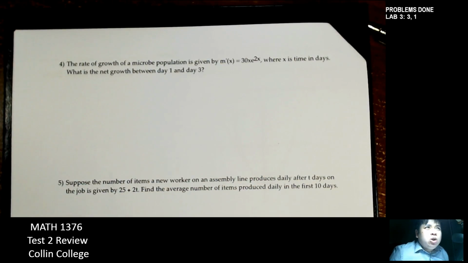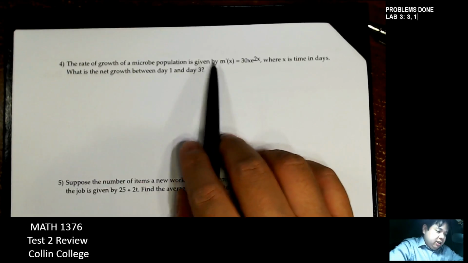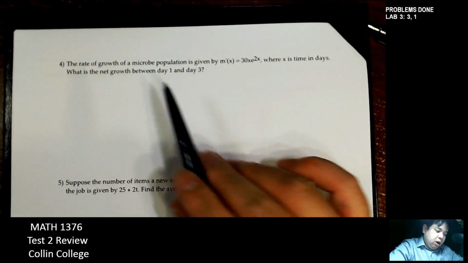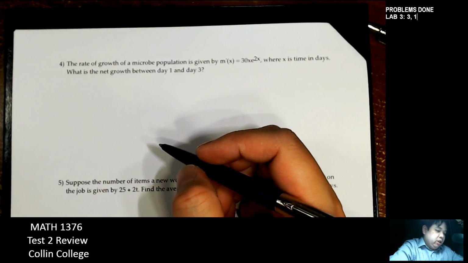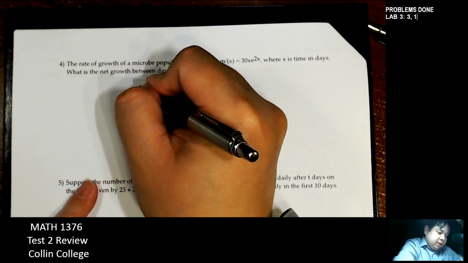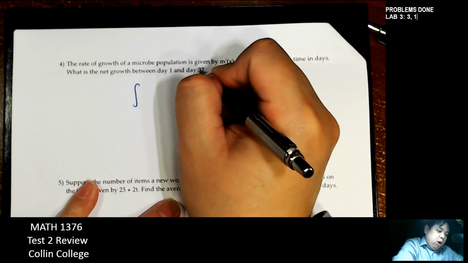Right. So pretty much we have the derivative, and now we find the net growth. To get back to the function from the derivative, we just need to integrate from 1 to 3.